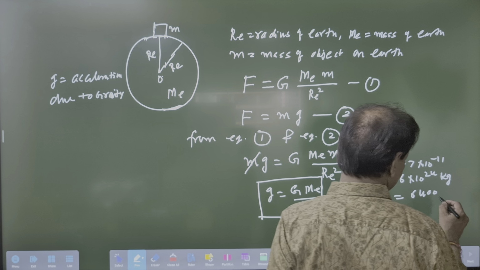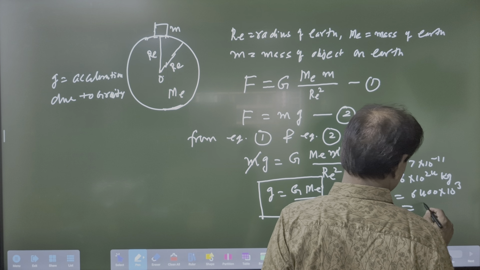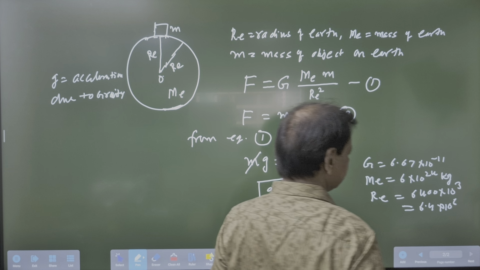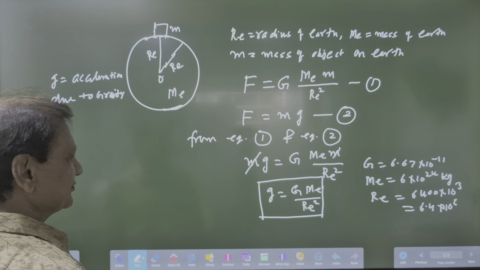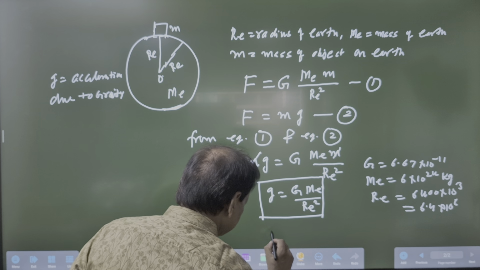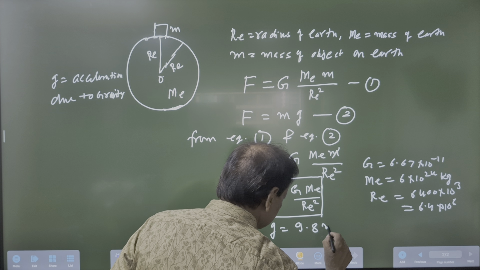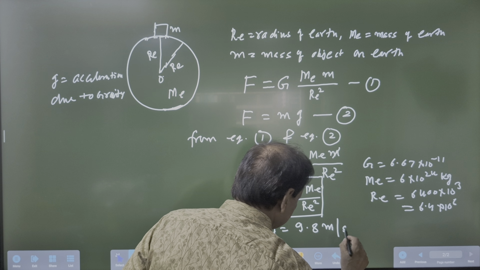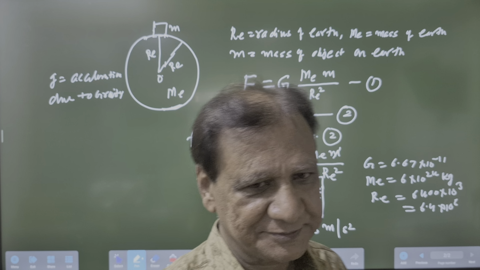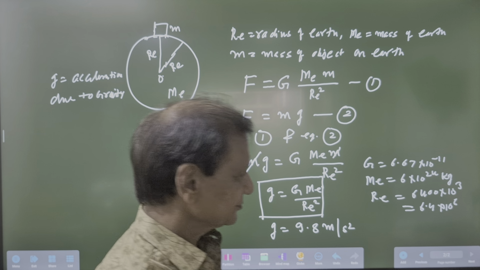If we convert to meters, it's 6.4 into 10 to the power 6. So if I substitute these values here, we get g equal to 9.8 meter per second square. This is the acceleration due to gravity of the Earth. I hope you understood.